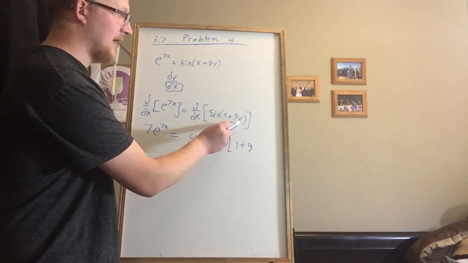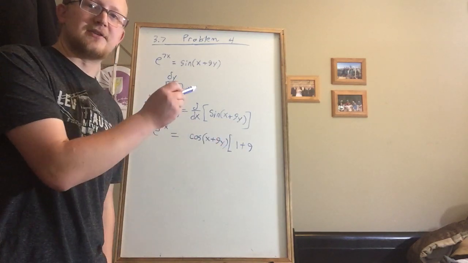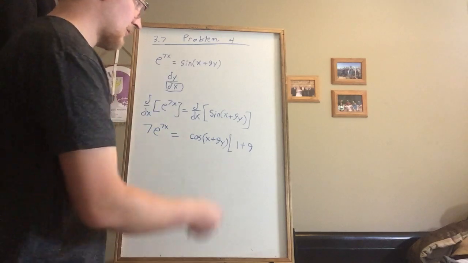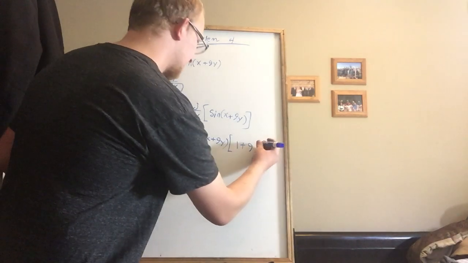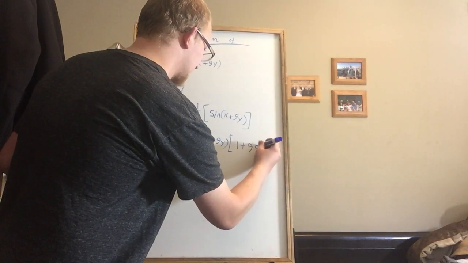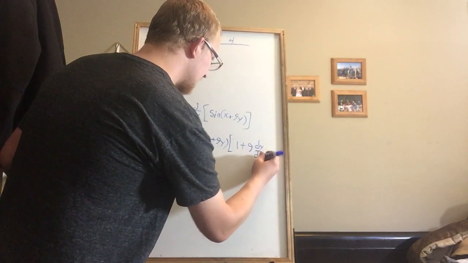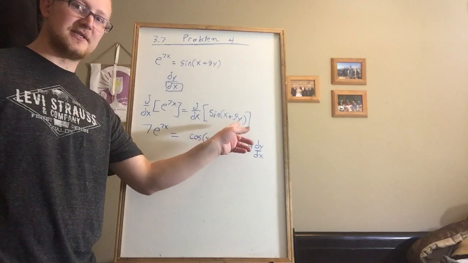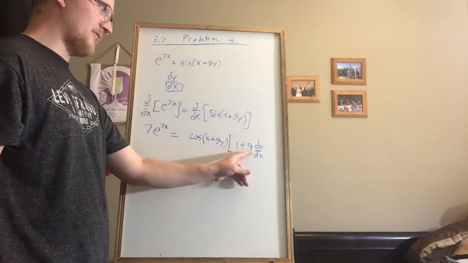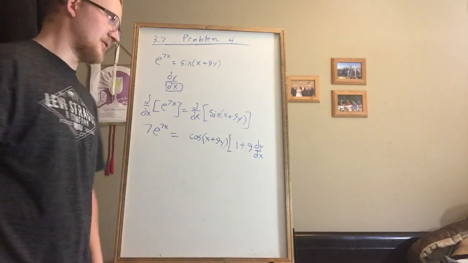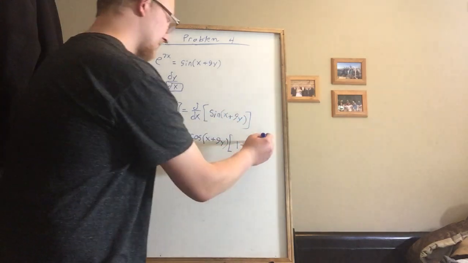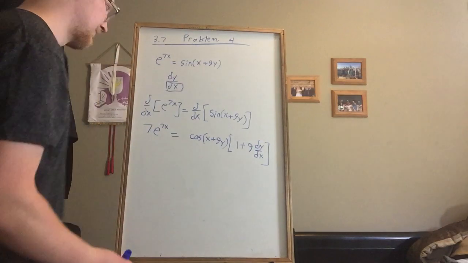So where you see a y here, I want you to imagine there's a function of x. And in order to take the derivative of the inner function, according to the chain rule, we have to take the derivative of y with respect to x. So think of the outer function here as 9, and we took the derivative of the outer function. Now we need to multiply the derivative of the inner function due to the chain rule. And so we end up with this expression.